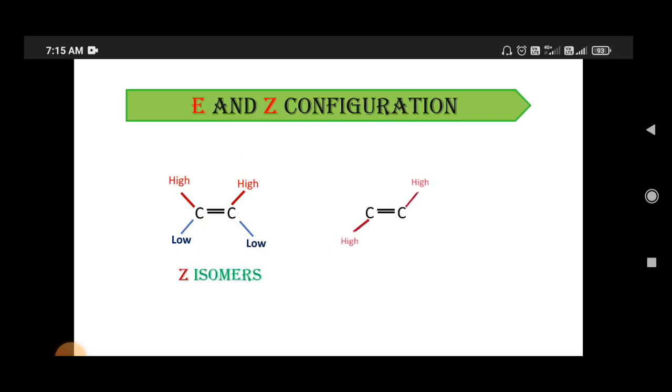Suppose the high molecular weight substituents on each carbon are present on opposite sides, and the low molecular weight substituents are also on opposite sides, those isomers are known as E isomers.